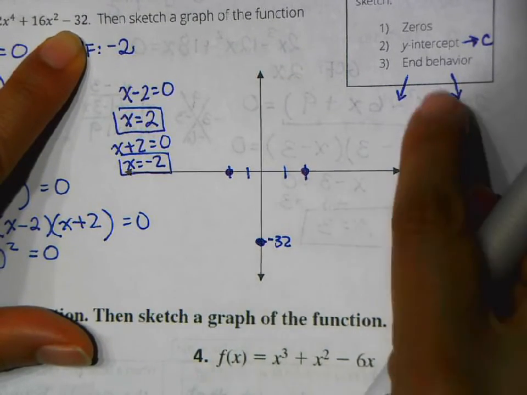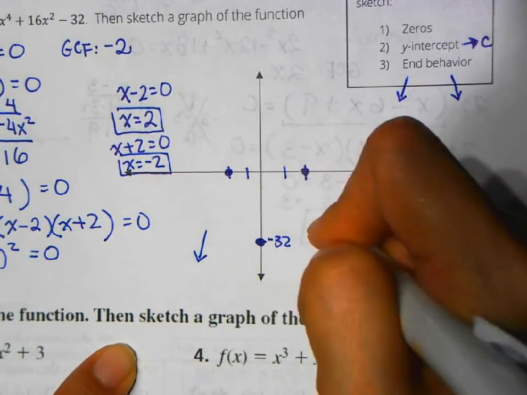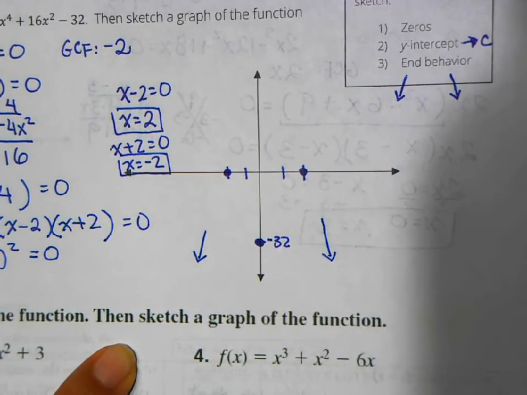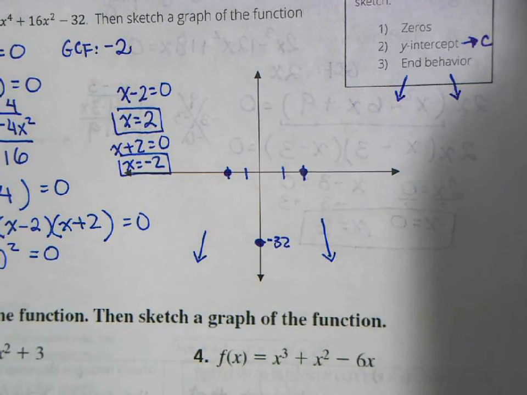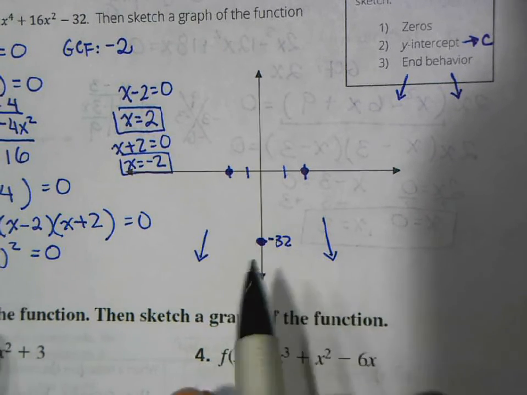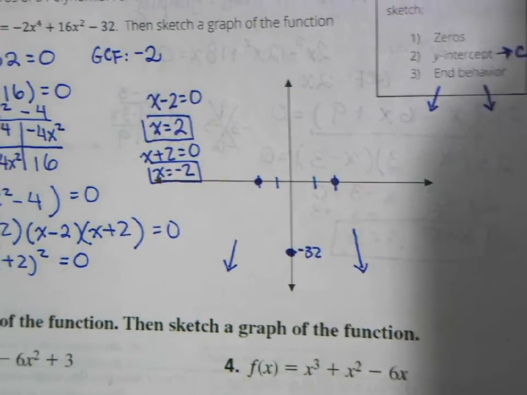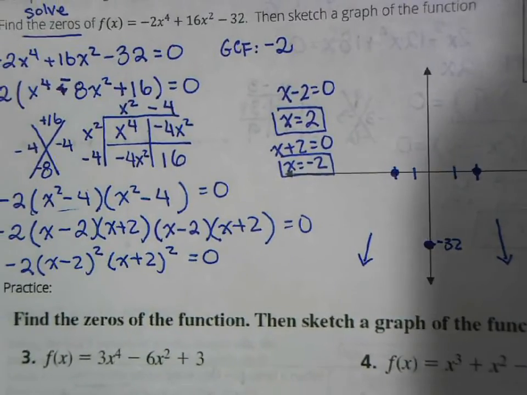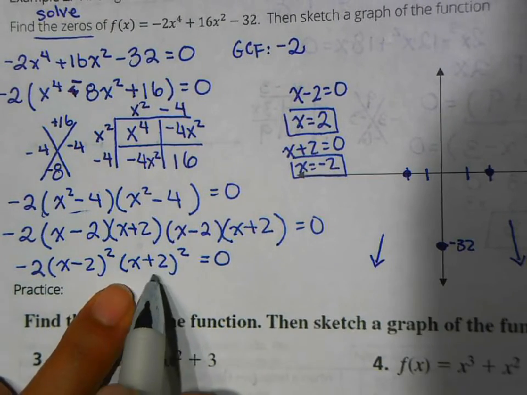And now my end behavior, I know that it goes down on the left and it goes down on the right. So what that means is that when I go up to this zeros, this is where that little tidbit that I told you earlier is going to come in handy. When I go up to when 0 is x equals to negative 2, if I look at my factor over here, when x equals to negative 2, I'm looking at x plus 2.